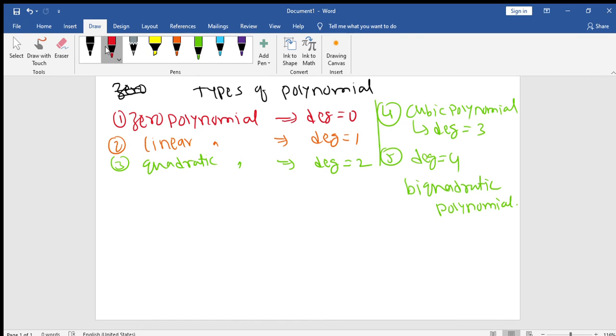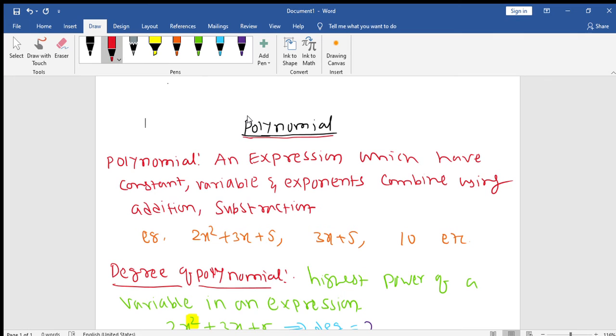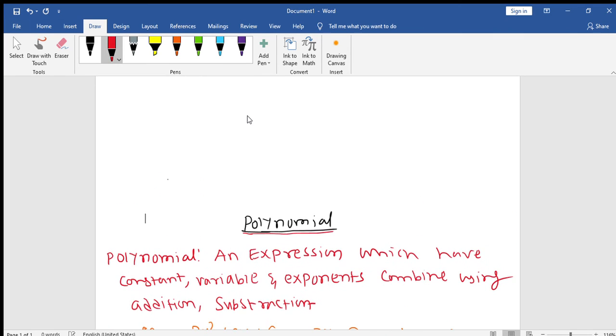Now if we go to the first exercise of polynomials, that is too simple, I think. In that first exercise, they are telling us to find the number of zeros.